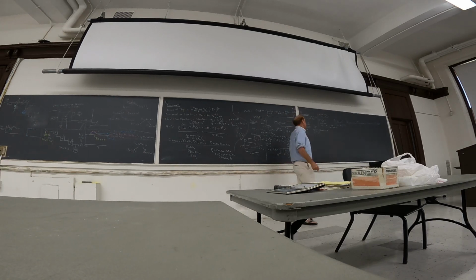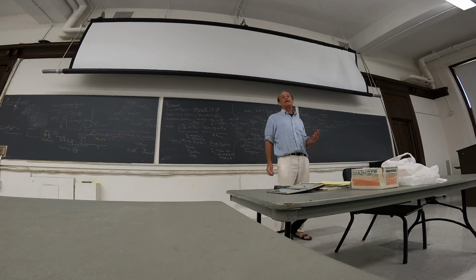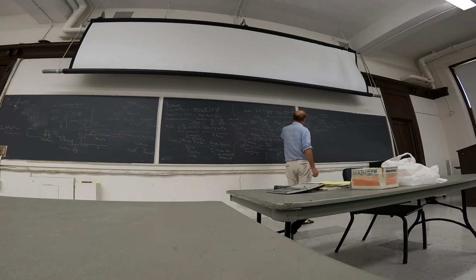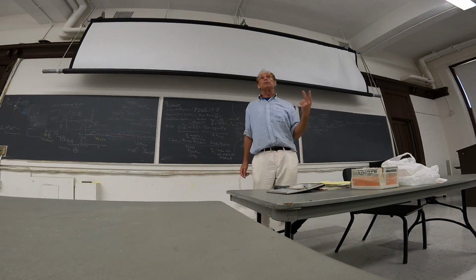So I need to know what the out is. Now, there are many possibilities. In this case, if I have two variables and two equations, my degrees of freedom is 0.